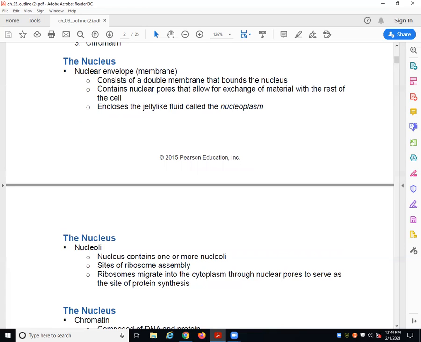And what are pores? Openings, right? You think about the pores in your skin. They allow for exchange of material with the rest of your cell, so things can get in and out through the pores. And it encloses a fluid, kind of jelly-like, that we call nucleoplasm because it's inside the nucleus, just like the cytoplasm is inside the cell.